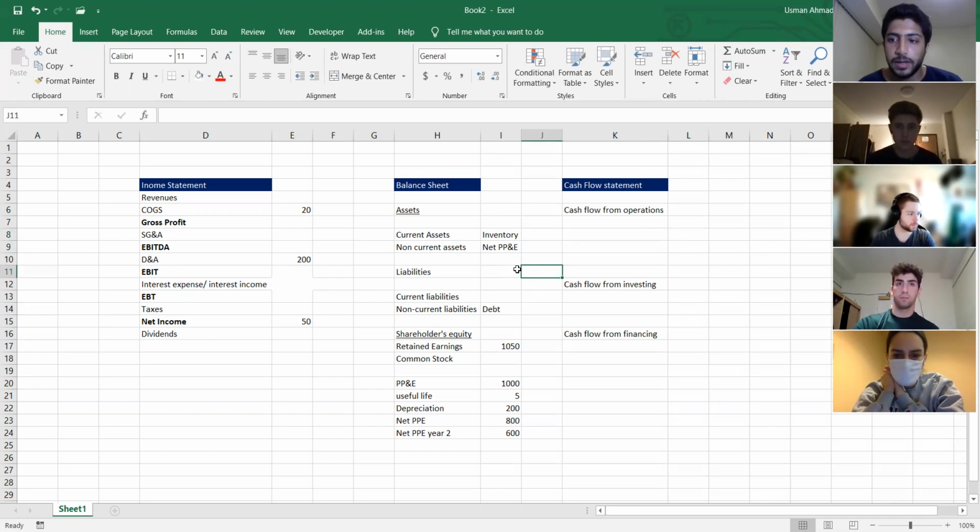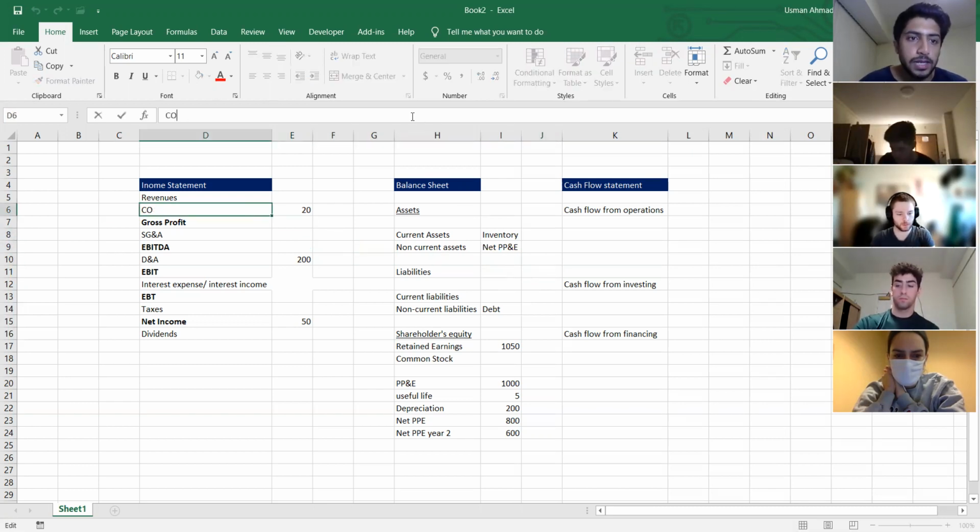So is COGS a cost? Yeah, COGS is the cost of goods sold. As I spoke about in the last session, it's the direct cost of manufacturing. So it is basically the inventory cost and also any direct labor that is involved with the production of that product or service.